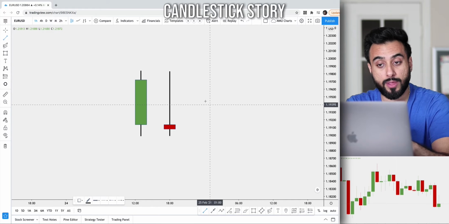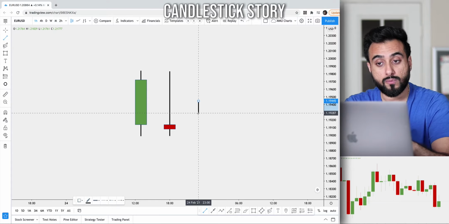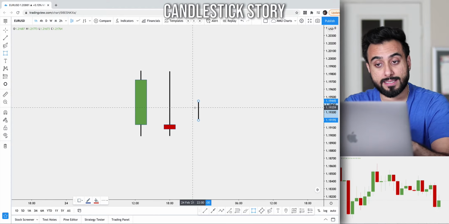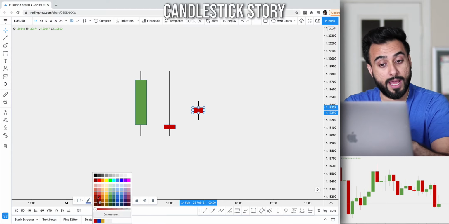Now, another example that you might have seen in the charts is something that has a very small shadow or small wick, and then the body itself is also pretty small. It could be red or green.